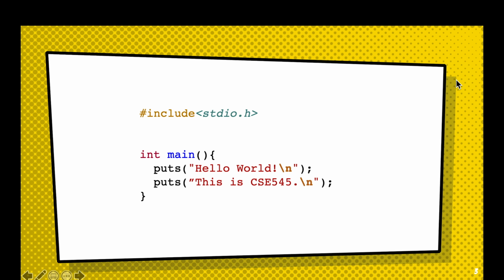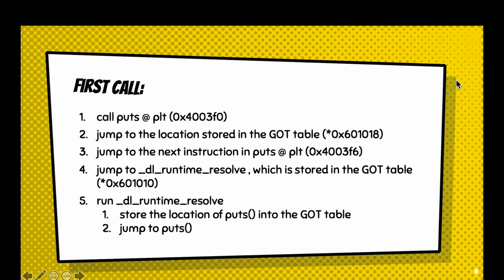So suppose that we have this function main, and function main calls puts twice. The first time the program calls puts, it first goes to the PLT section, and the instruction in the PLT section will direct the execution to jump to the location that is stored in the GOT table, the global offset table.